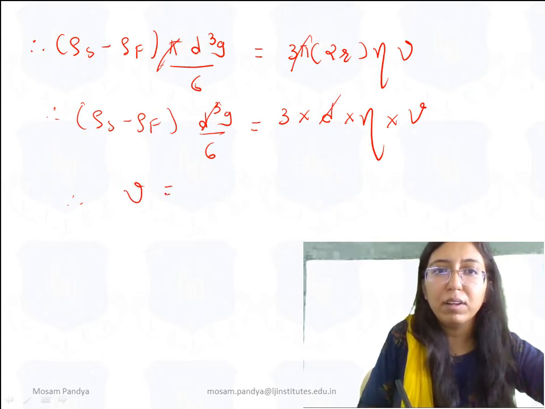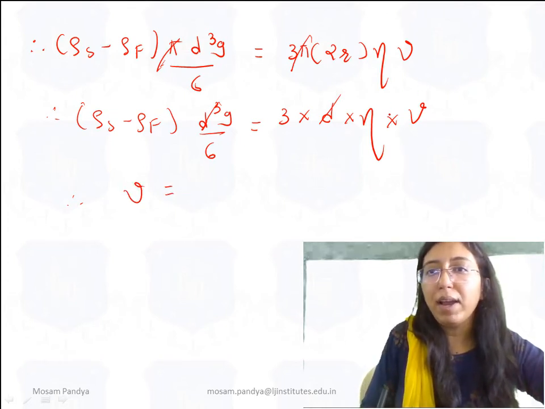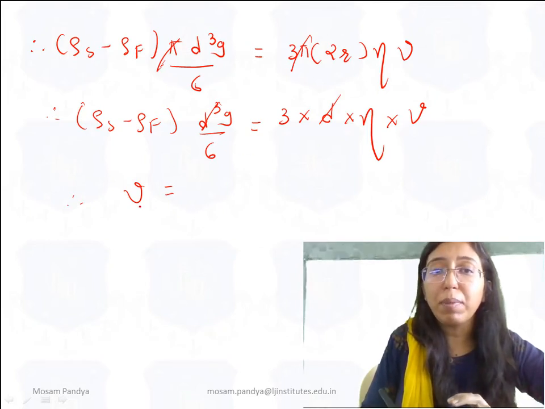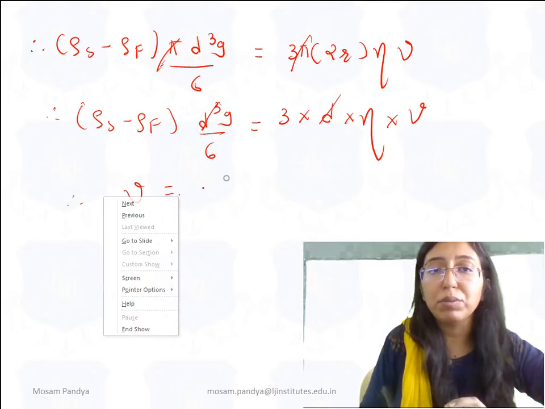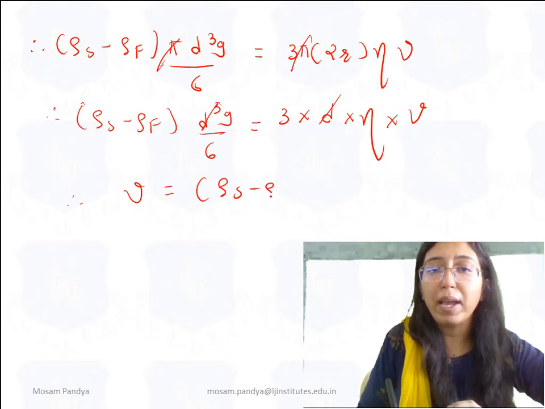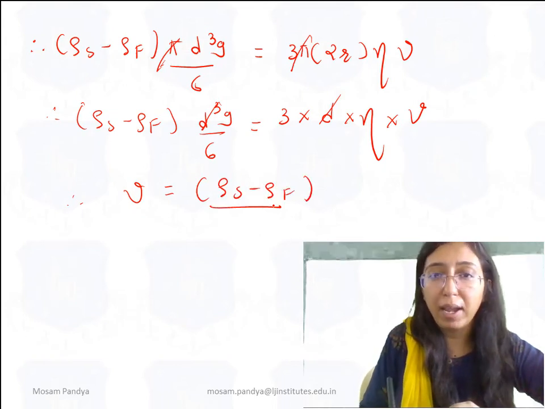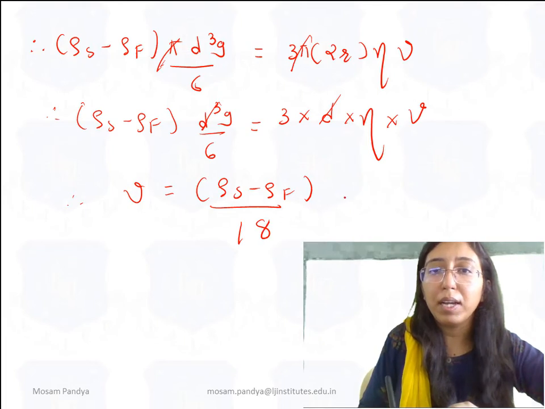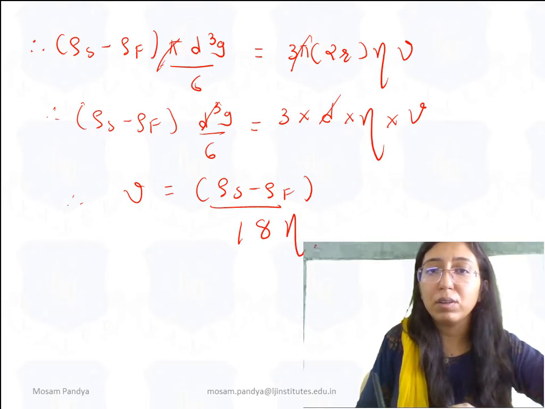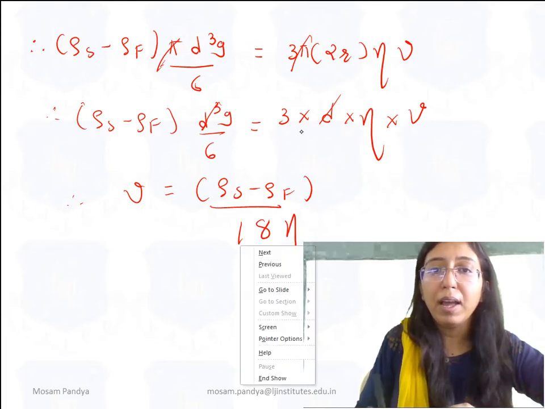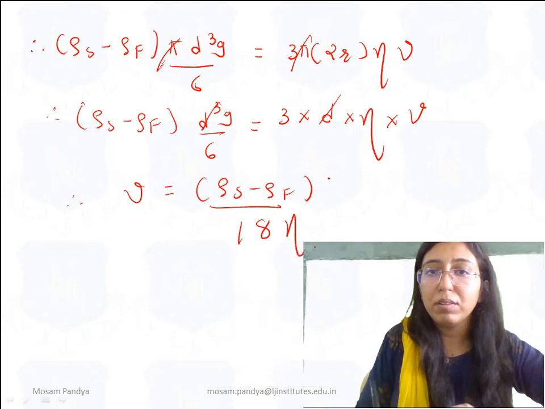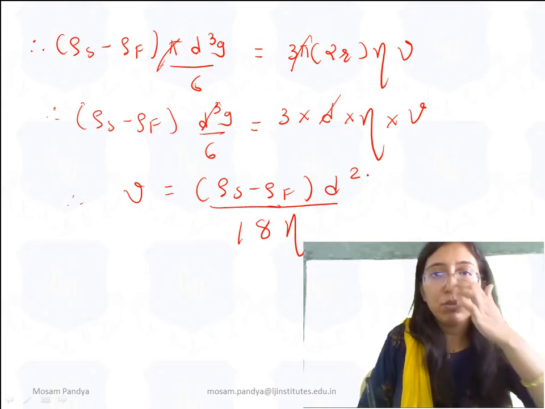So in the final equation we can say velocity, the settling velocity of a discrete particle, v is equal to rho s minus rho f upon 18 eta. One d cancels out, so we get d square.